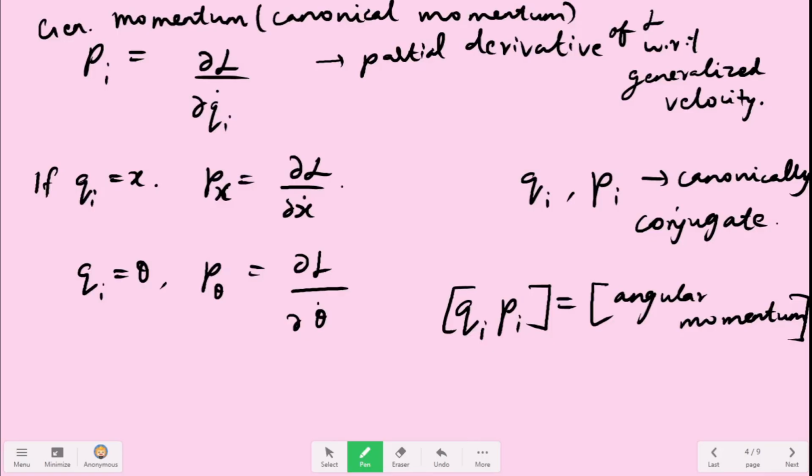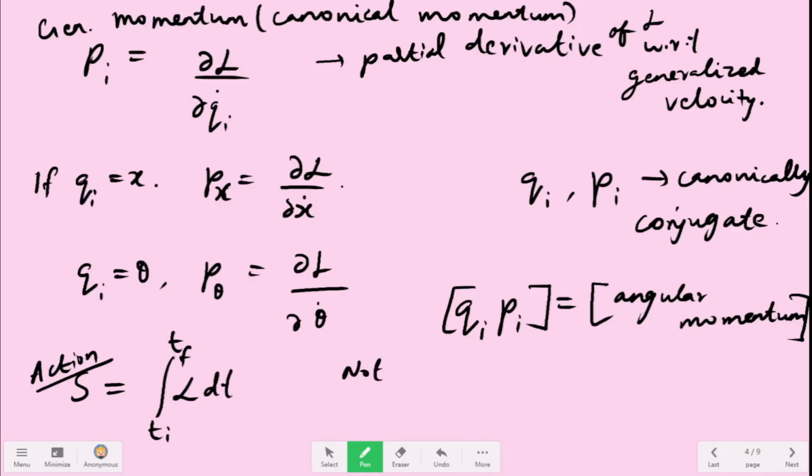Now let us define some quantity which is called action. Action is denoted by the letter S. Action S is equal to integral Ti to Tf, some initial time to final time, L dt, where L is the Lagrangian.